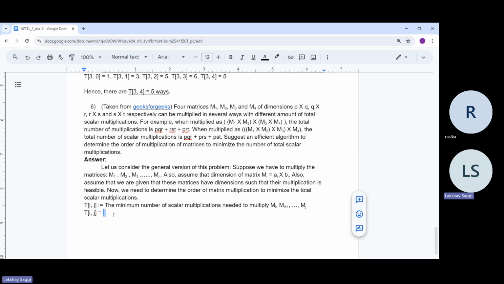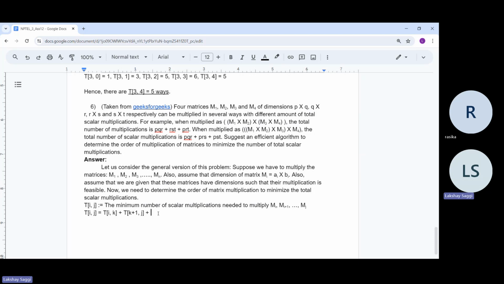The total number of multiplications in that step will be: we first multiply the Mi to Mk matrices, Tik. I'll also be multiplying the Mk plus 1 to Mj matrices, Tk plus 1 comma j. And then in the end, we'll be multiplying the matrices we obtained, Mi till Mk and Mk plus 1 till Mj.